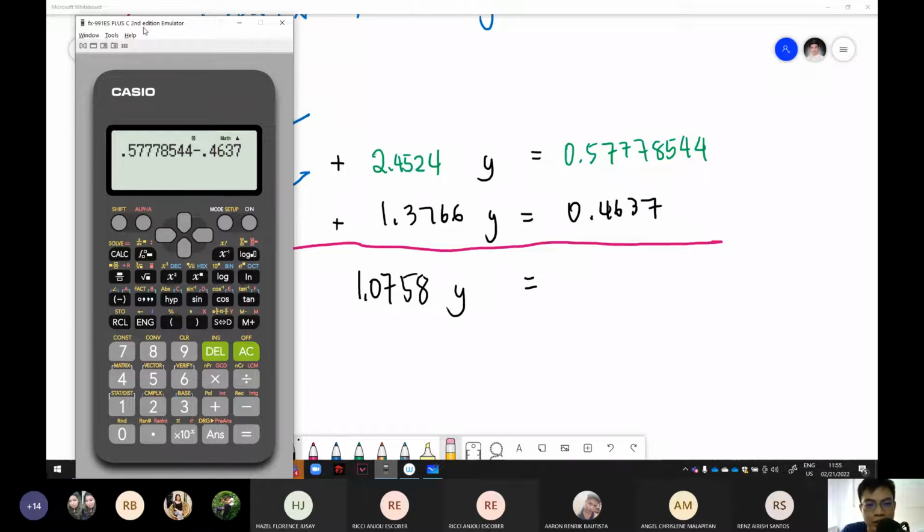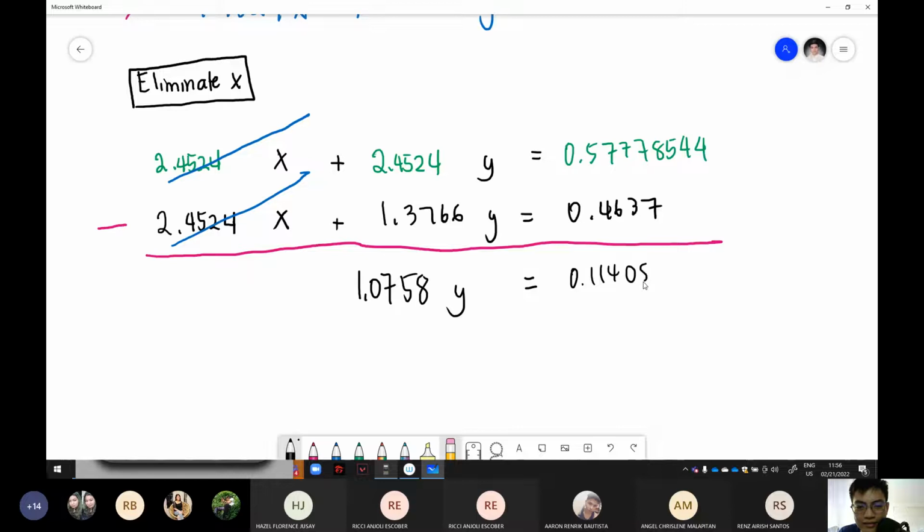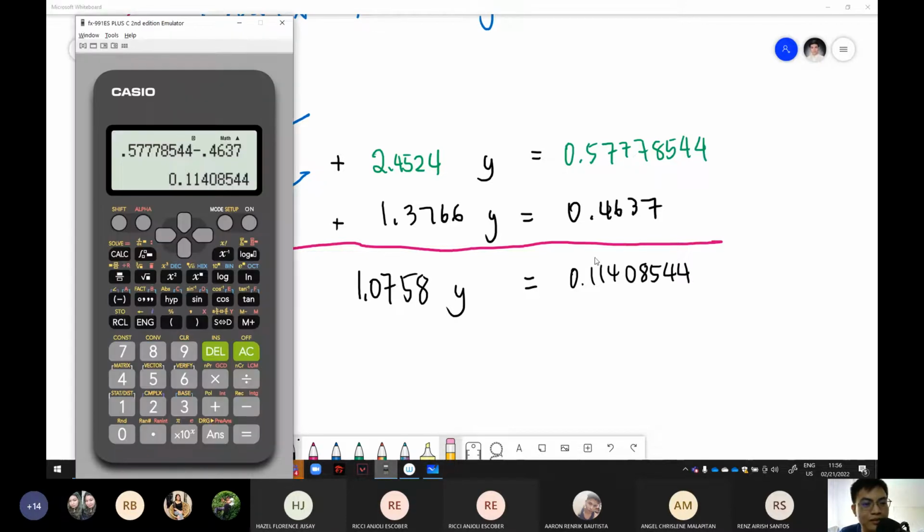Ito yung pangit sa long method. Ang daming pinipindot. Kopyahin mo yan lahat. 114,085,44. Tama ba? 114,085,44. Okay?